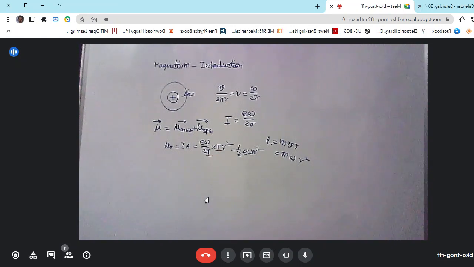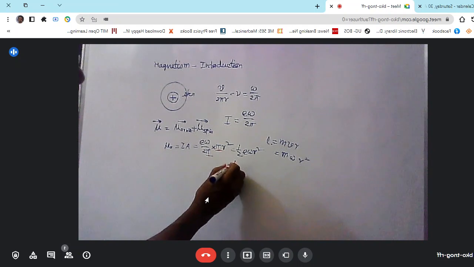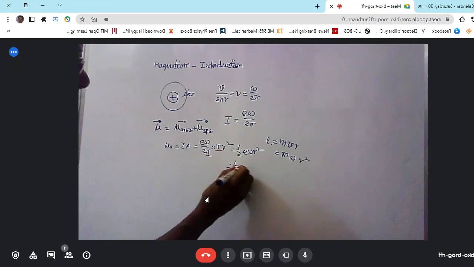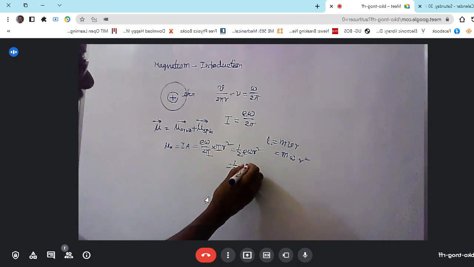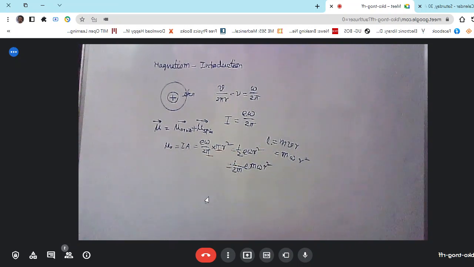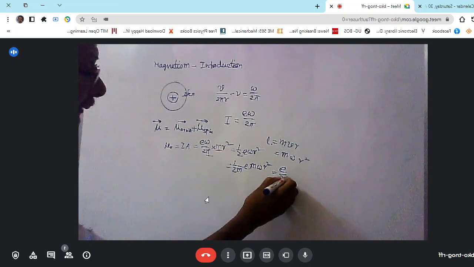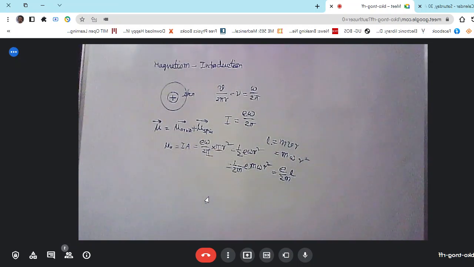So this is the angular momentum. Now if I place it here, then this will be equal to half into e into m omega r square. So actually this is equal to e by 2m into l. That is the magnetic moment associated with the orbital motion.